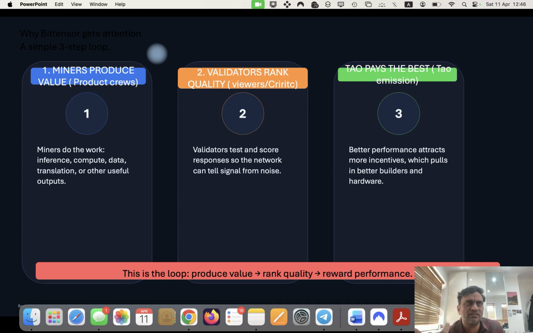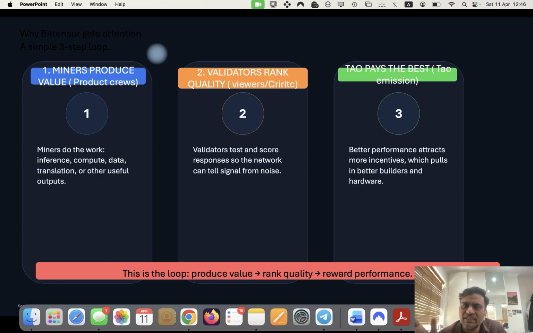Validators validate the work. On Netflix, if viewers or critics give a rating, that validates a web series. For the subnets, the validators test and score the responses so the subnet can get the signal from the noise.